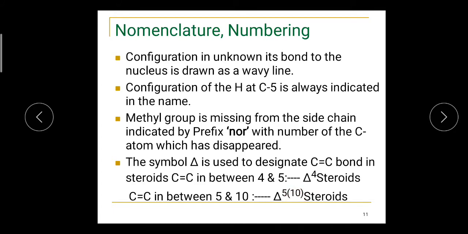It indicates the double bond is present between carbon number 5 and 10. Delta 4 indicates the double bond between subsequent carbons, meaning 4 and 5.